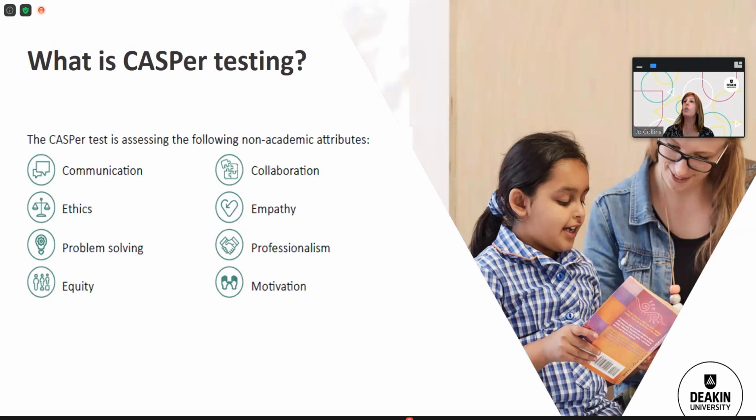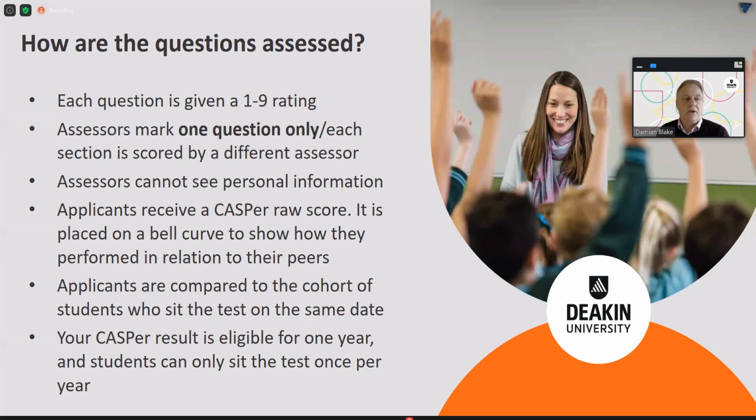So things like communication and collaboration, ethics and empathy, problem solving, professionalism, equity and motivation. These are all the types of attributes that we absolutely need and want in our teachers. So maybe we should have a look at how the questions are actually being assessed, Jo?